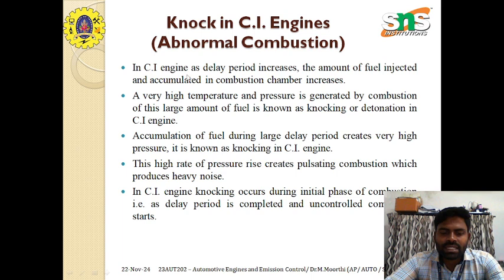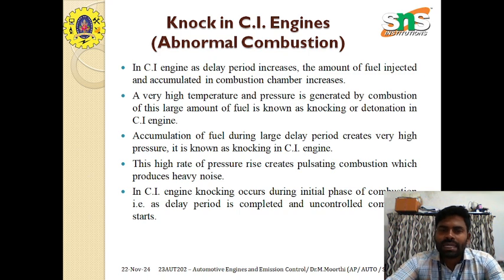In a CI engine, that is the compression ignition engine, the delay period increases, and the amount of fuel injected and accumulated in the combustion chamber increases. A simple way to describe knock is this: irrespective of the type of engine, we have a delay period once the combustion process is started.